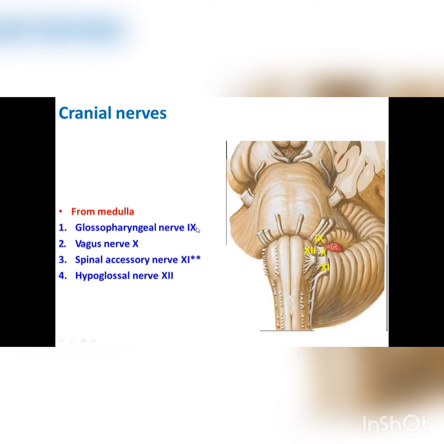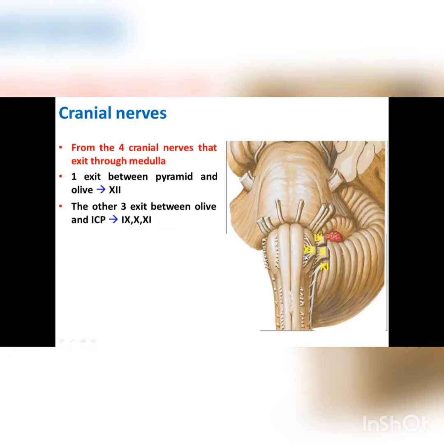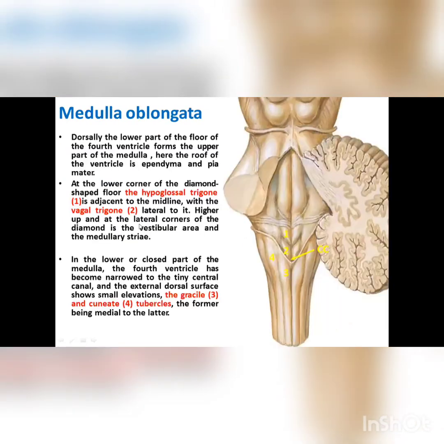Cranial nerves from the medulla oblongata. I told you the 9th, 10th, and 11th cranial nerves and the hypoglossal nerve. Of the 4 cranial nerves that exit through the medulla, one exits between the pyramid and the olive, that is the 12th, and the other 3 exit between the olive and the inferior cerebellar peduncle, that is the 9th, 10th, and 11th cranial nerves.